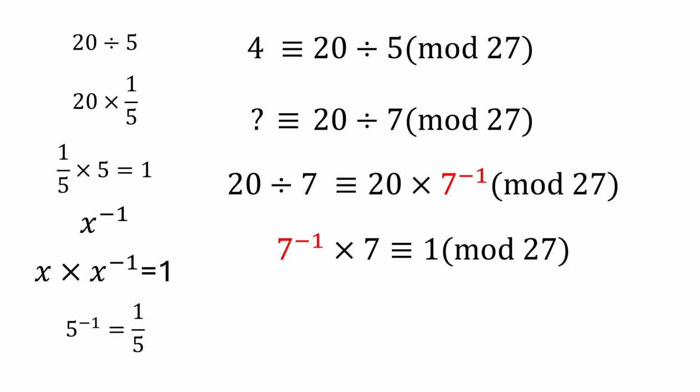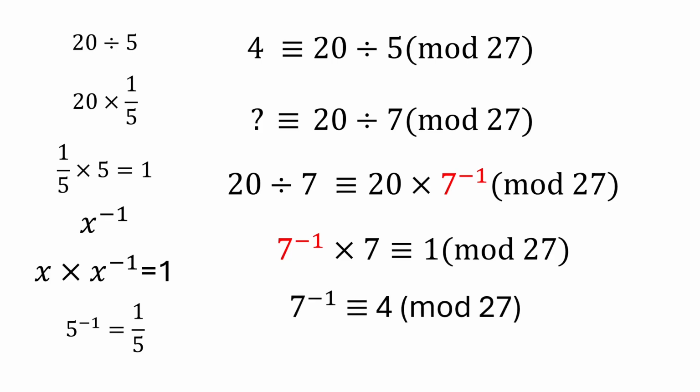Let's just take all numbers 0, 1, 2, 3, etc., multiply by 7, modulate by 27, and see if we get 1. Well, 0 times 7 is 0, 1 times 7 is 7, 2 times 7 is 14, 3 times 7 is 21, but 4 times 7 is 28, and 28 modulo 27 is congruent to 1.